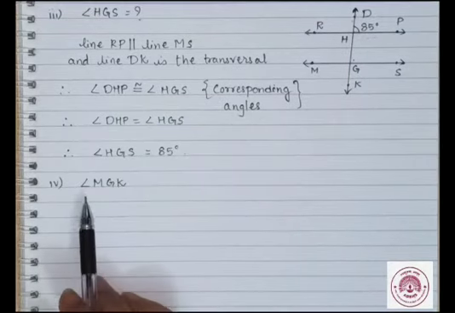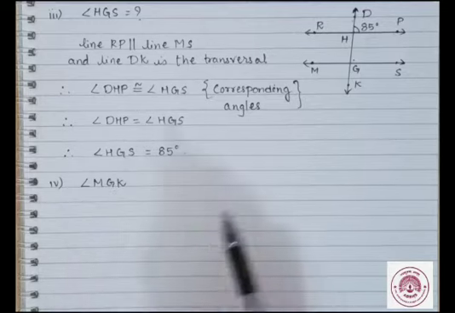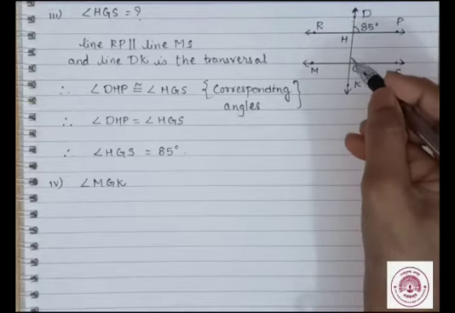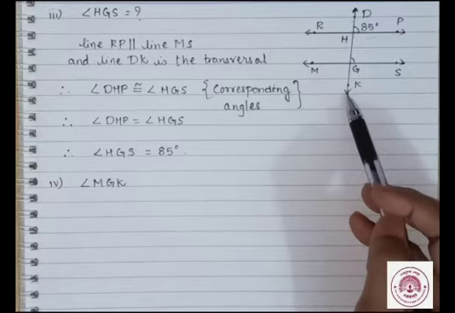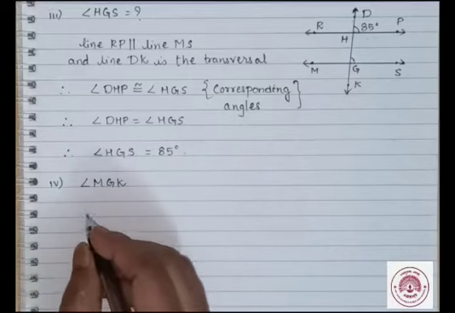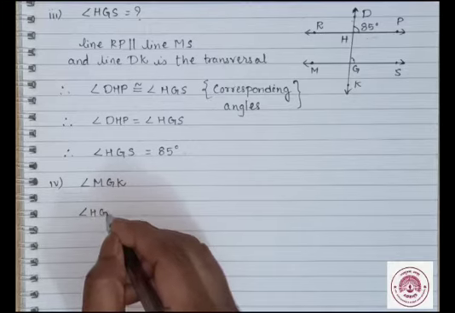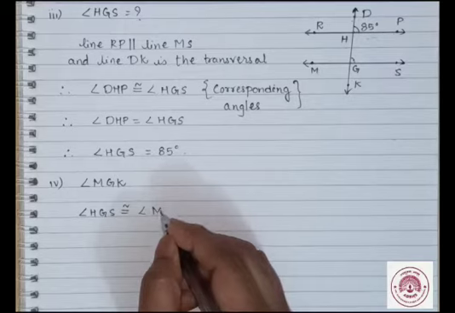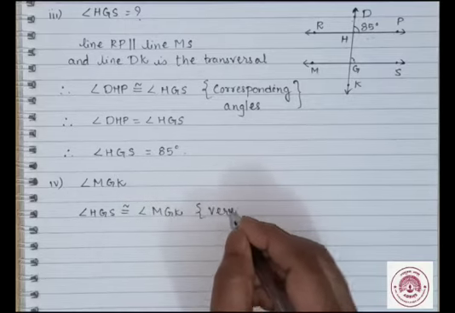Next is to find angle MGK. Now we already got the value of angle HGS, that is this angle. Angle HGS and angle MGK are vertically opposite angles. So we can write angle HGS is congruent with angle MGK. Reason? Vertically opposite angles.